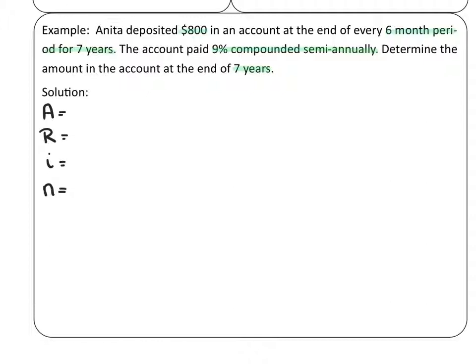So, Anita deposited $800 in the account at the end of every 6 months. That's a regular deposit, so that's going to be R. So that's $800. n is over the amount of time, which is 7 years, and we're going to do it every 6 months, which is 2 times a year. So I'm going to times it by 2 to get 14.